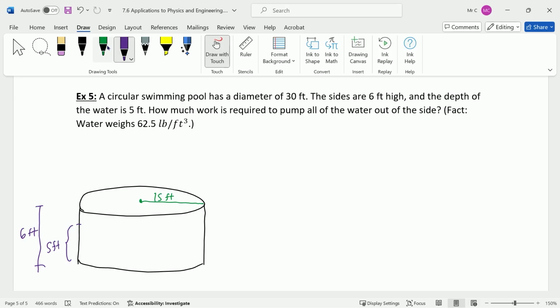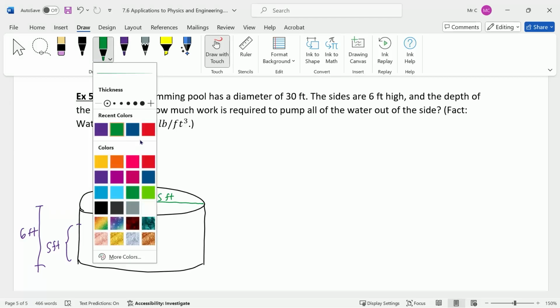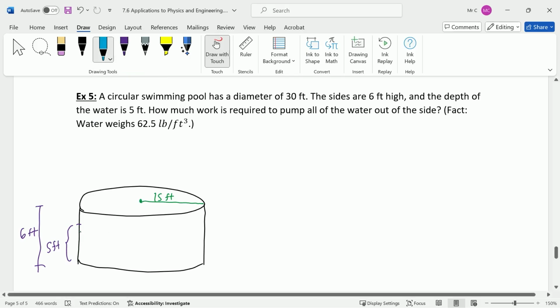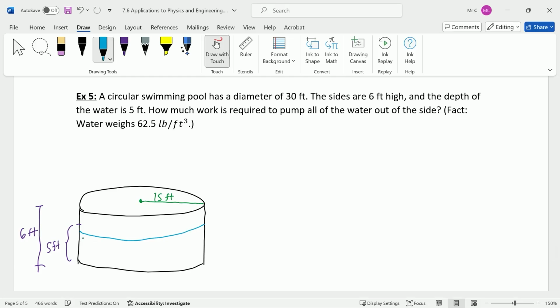So let's first start by thinking about how to use the same line of thought developing these Riemann sums. So we've got a layer of water, right? So we divide this into chunks of water that are delta x.